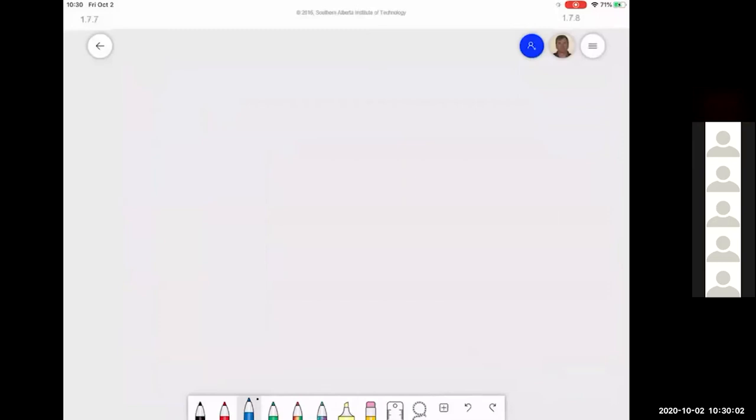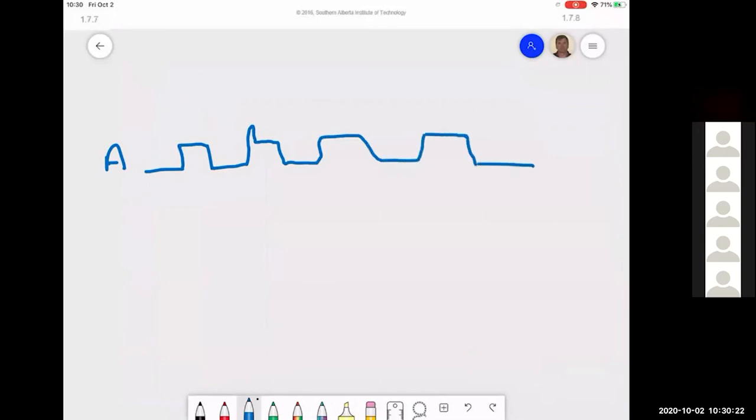Say I have a timing diagram and I've got an input A. Now the reality is they're not usually nice square waves. Okay, real world, an ugly wave.